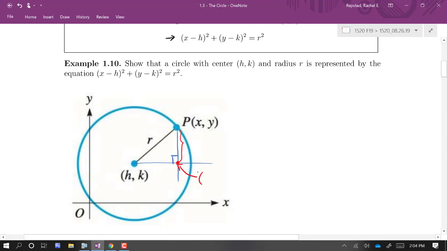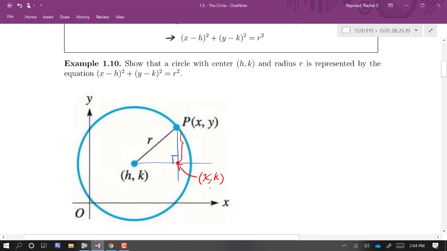What is the x coordinate of this point? It's x, right? It's straight down from this point above it. So just plain old x. What's the y coordinate? k, yeah, because it's straight across from the point over there.